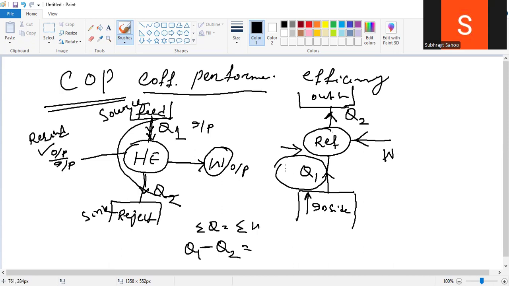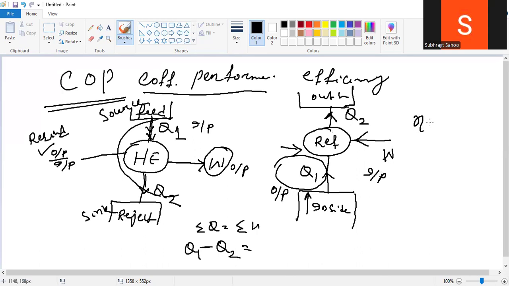So that becomes the output. And how is it taking the heat from the inside? By supplying, by giving something. Here we are giving W. So this becomes the input.